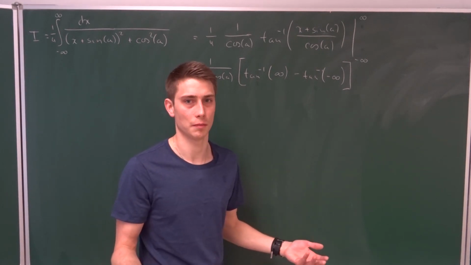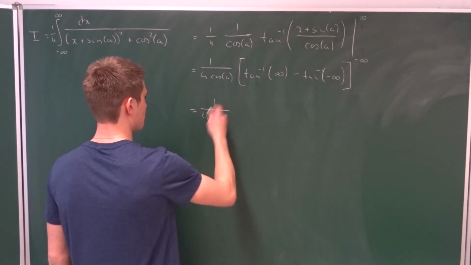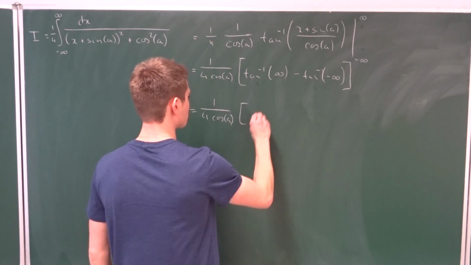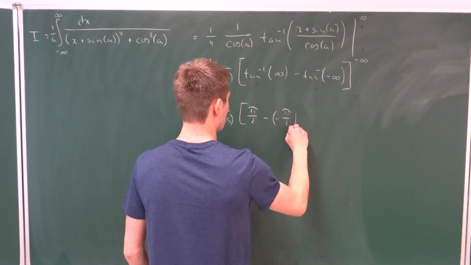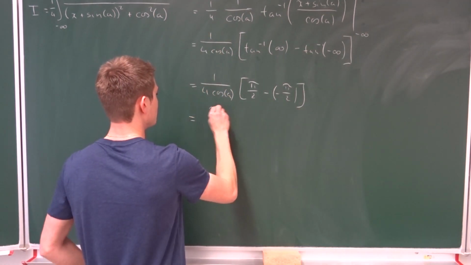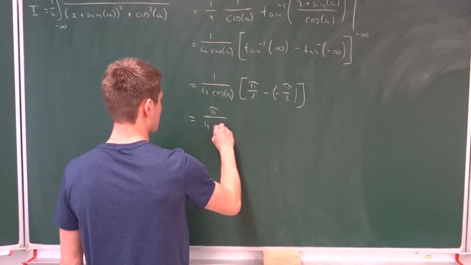Yeah, when you have minus pi over 2. So that's 1 divided by 4 times the cosine of a times pi over 2 minus minus pi over 2. And that's just pi. So our final result for the integral is nothing else than pi over 4 times the cosine of a.